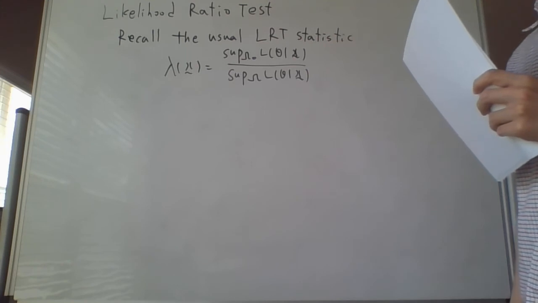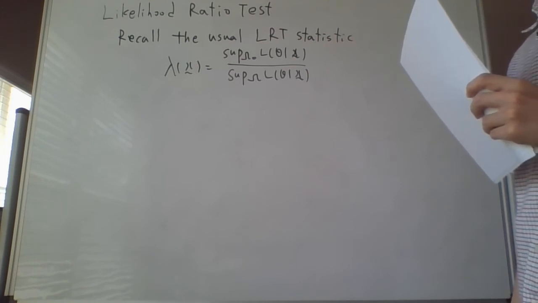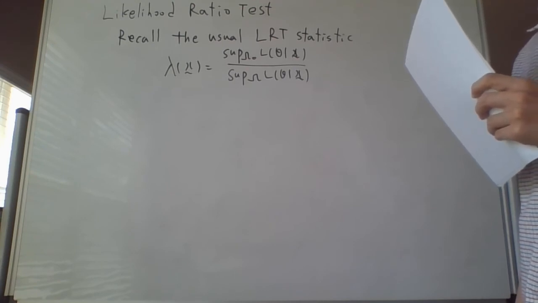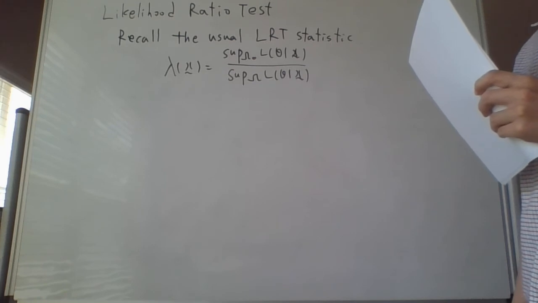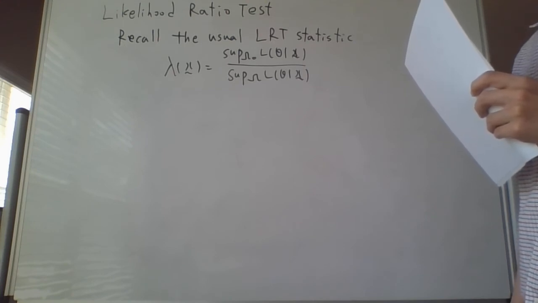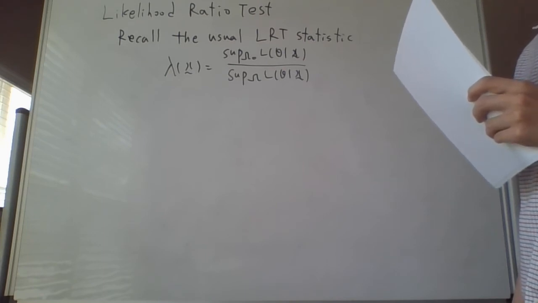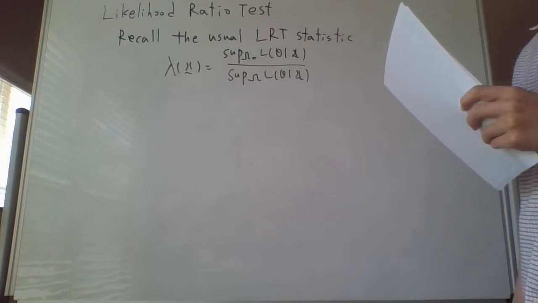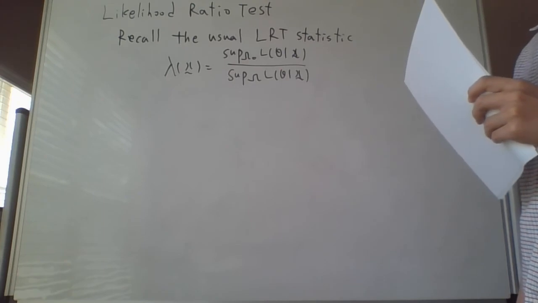The likelihood in the numerator is the supremum of the likelihood value under the null hypothesis, and the likelihood in the denominator is the supremum of the likelihood value in the entire parameter space. Then we can construct the likelihood ratio test based on the likelihood ratio test statistic.